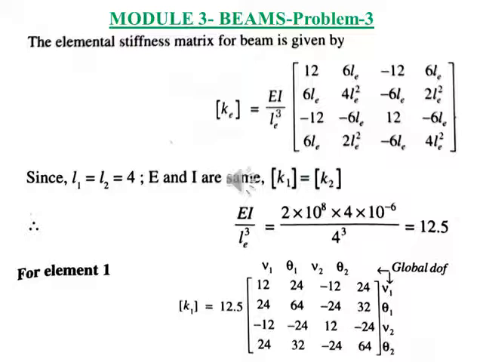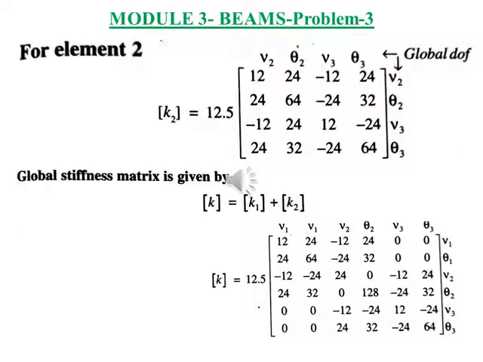Hence for mu2 and theta 2, that is 12, minus 24 and 64 will be added with 12, plus 24, plus 24 and plus 64. Hence the values at node 2 will become 24, 0, 0 and 128. So this will be observed in the next slide.